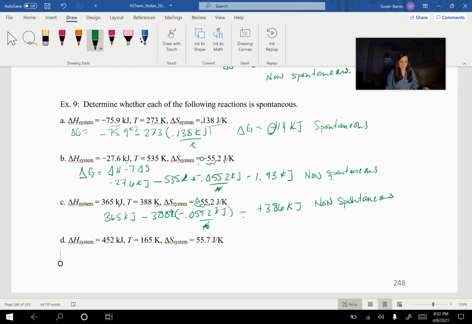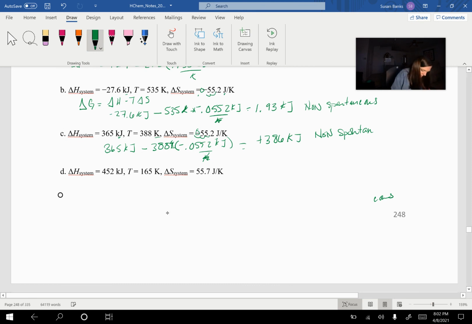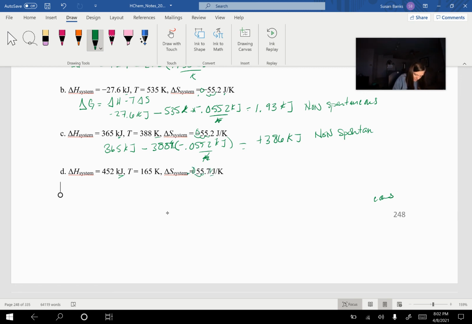All right, last example. So once again, we have our delta H in kilojoules. This is in joules, so we're going to move this over 3 places so we can get that in kilojoules. We have our temperature in Kelvin, so we're ready to go.